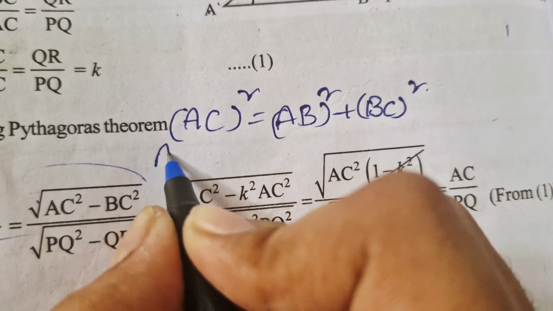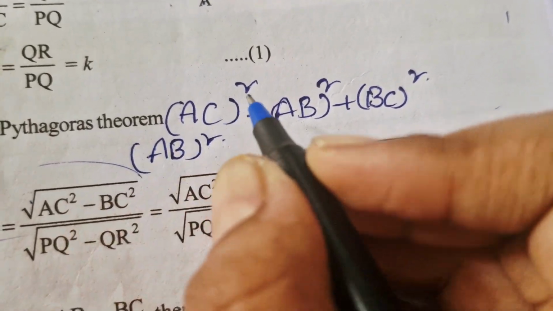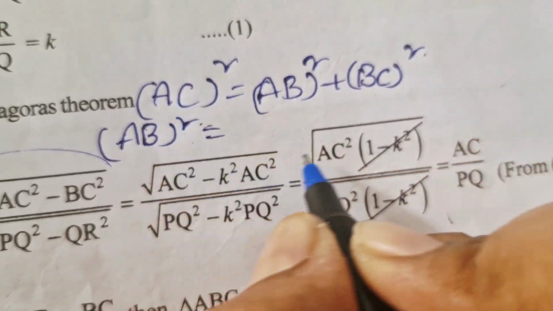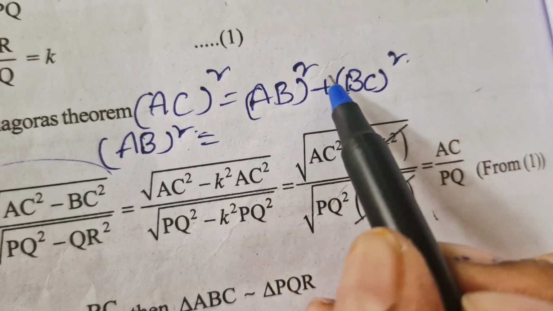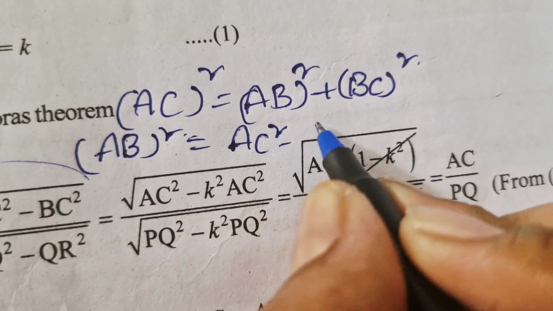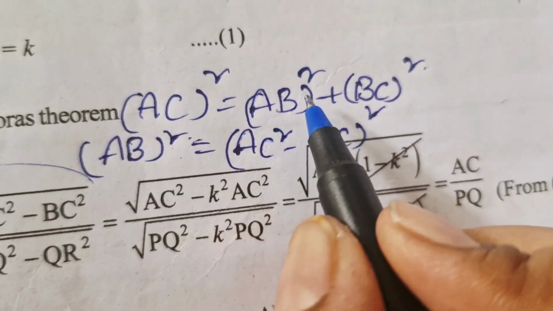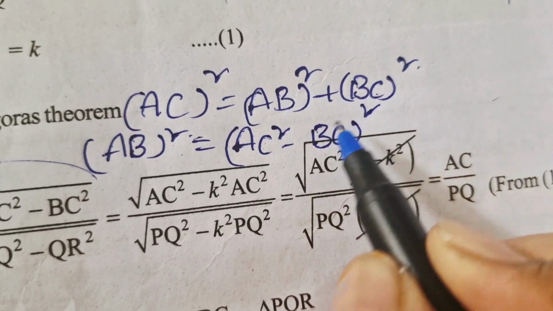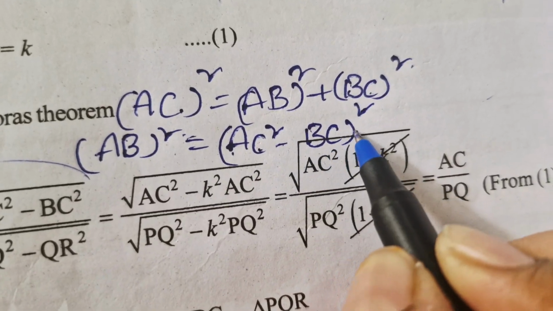Here we have sent AB square to the other side, and BC square to the left side, so it becomes AC square minus BC square.